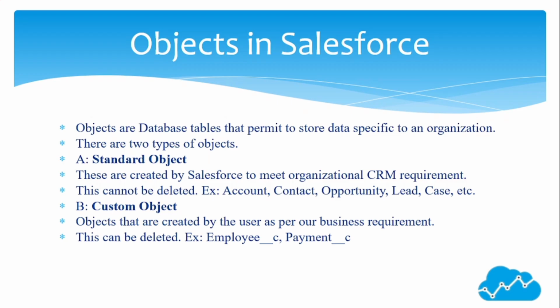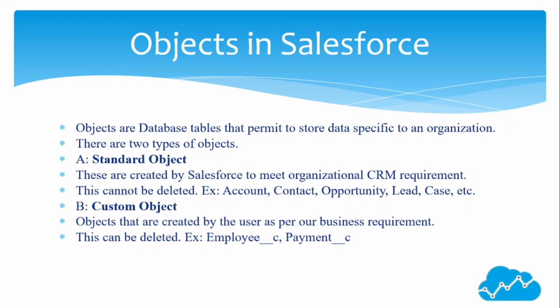Objects in Salesforce. Objects are database tables that permit to store data specific to an organization. There are two types of objects: a standard object and custom object. A standard object, these are created by Salesforce to meet organizational CRM requirements.